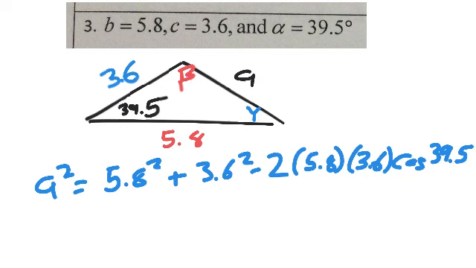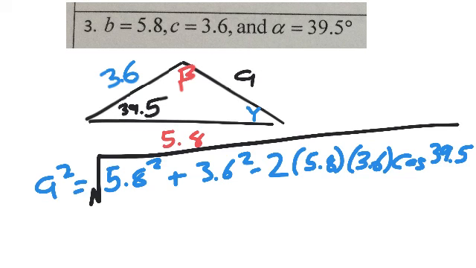So now to find A, I need to take a square root of everything, right? Because that's telling me what A squared is. So if I take a square root of all that, it'll give me A. So I've got A equals, and then that's what goes in my calculator. So I've got the square root of 5.8 squared plus 3.6 squared minus 2 times 5.8 times 3.6 times cosine of 39.5.